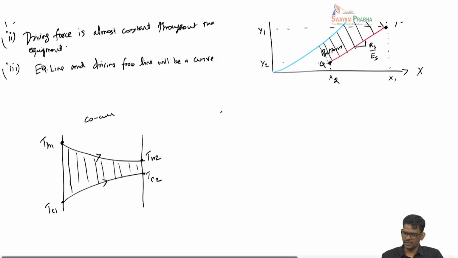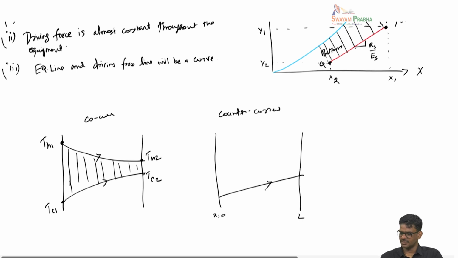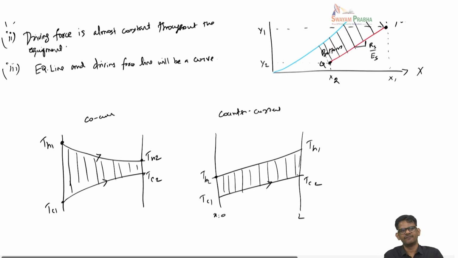In the case of countercurrent, from x equal to 0 to L, you will see TC1, TC2, and this would be TH1, and this is TH2, where this delta T is almost constant. So the heat transfer rate will be almost uniform across the heat exchanger.